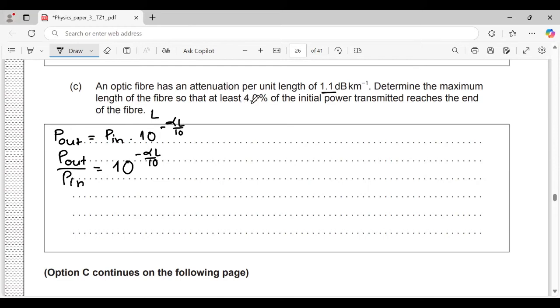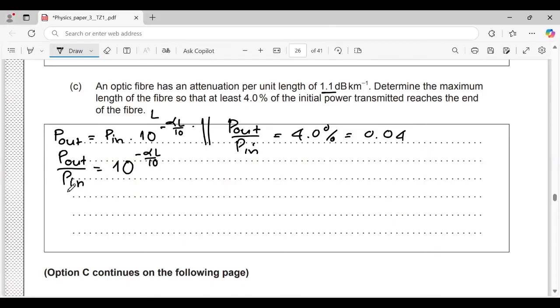So P out over P in is equal to 4.0%, or in decimal, 0.04.